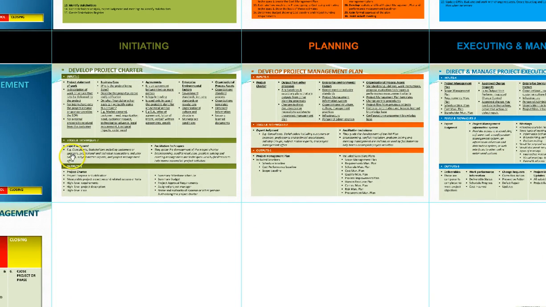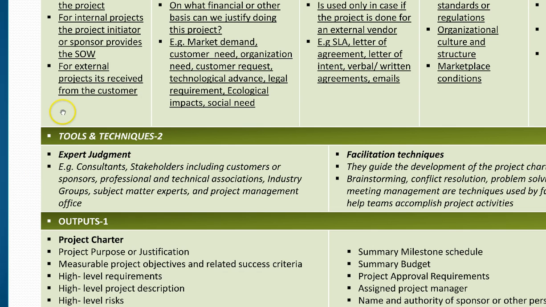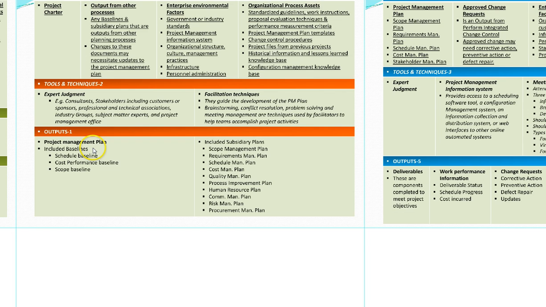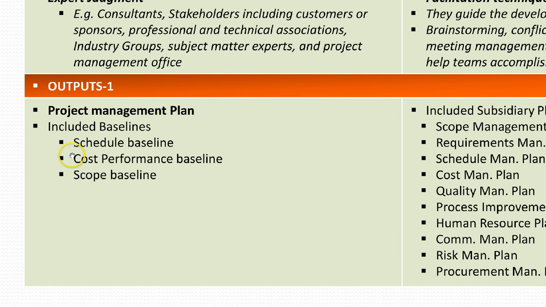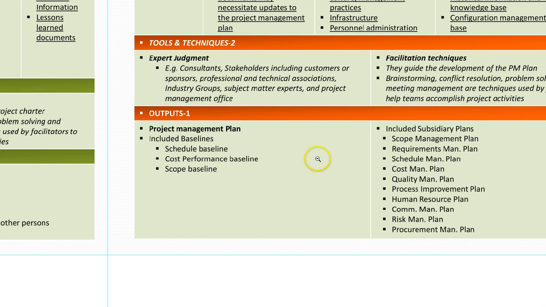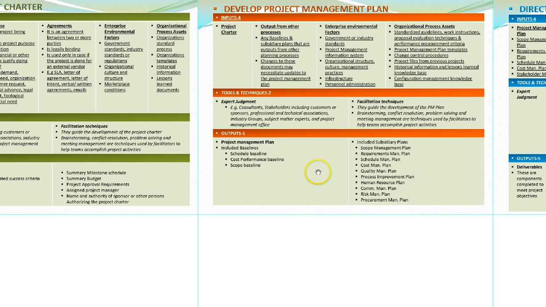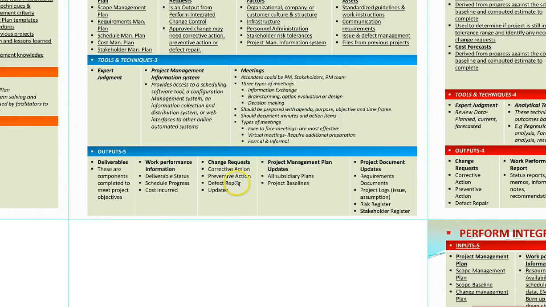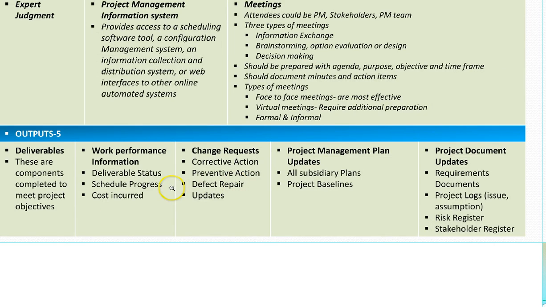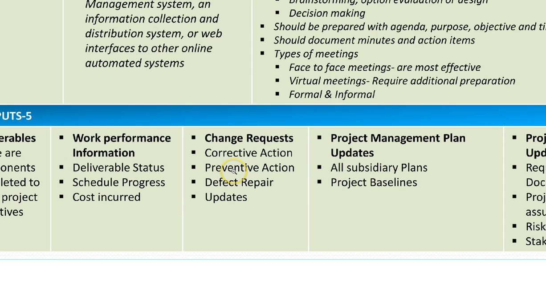The three project baselines are the schedule baseline, the cost performance baseline, and the scope baseline. So we are going to update these if there are any change requests that have been implemented.